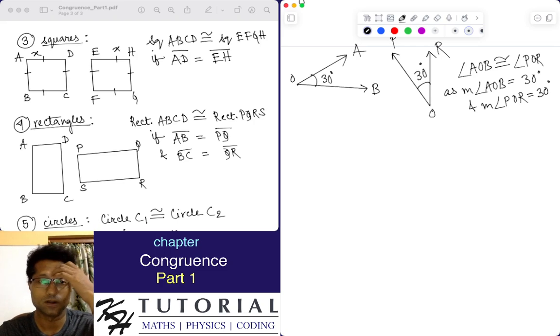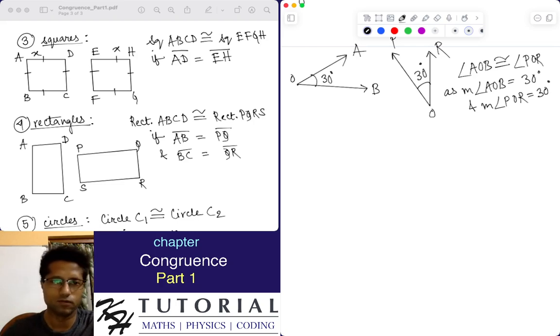So if the first square is ABCD and the second square is EFGH, then square ABCD will be congruent to square EFGH if any one side of the first square is equal to any side of the second square, because in a square all sides are of equal length.